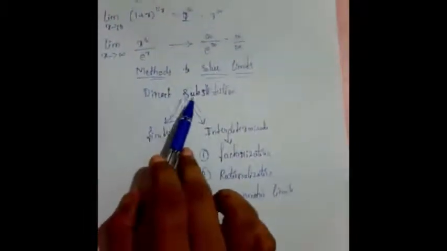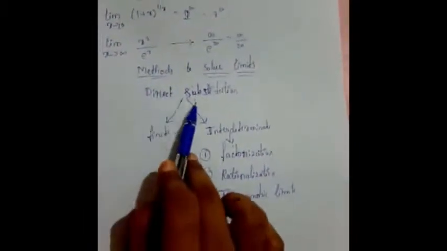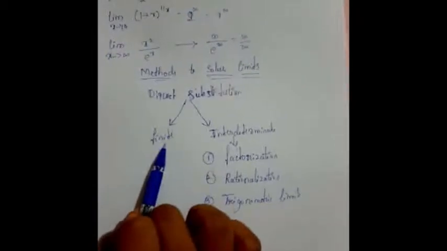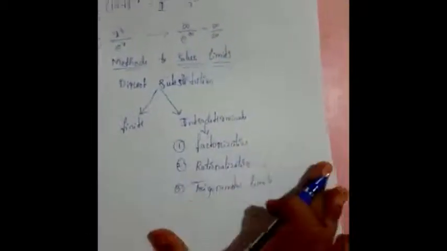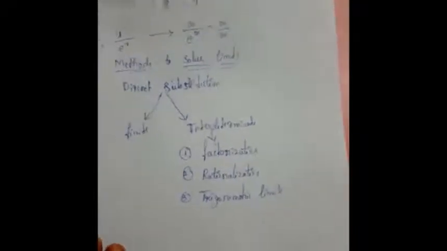If you substitute the particular value into the particular function and get a finite value, then you are lucky. If you get indeterminate, there are 3 methods. I have taken these randomly: first factorization, next rationalization, then trigonometric limits.